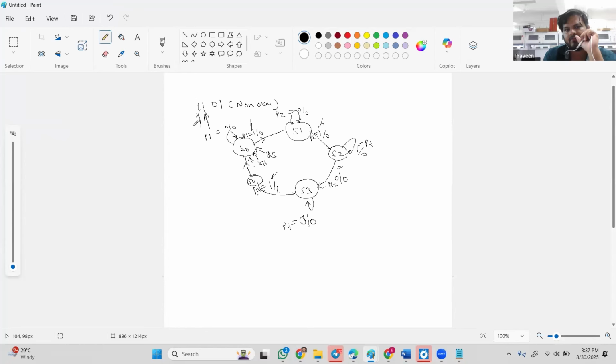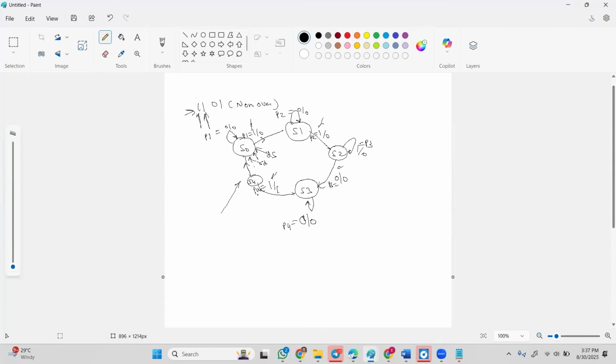No, 5, because this is 4, but we need one extra state for done. Otherwise, S3 will directly reach S naught. So for the done state, we have to take one extra state, S4. That's why I had to take it in my code.